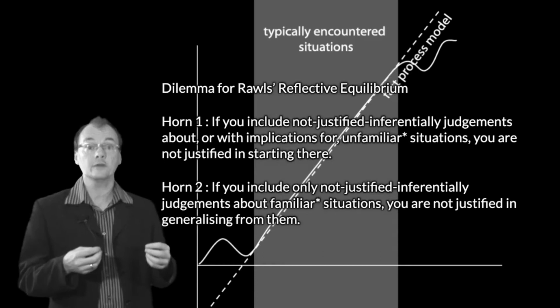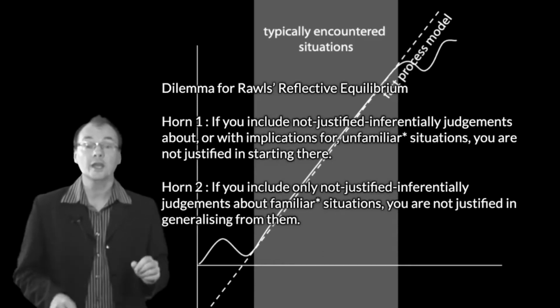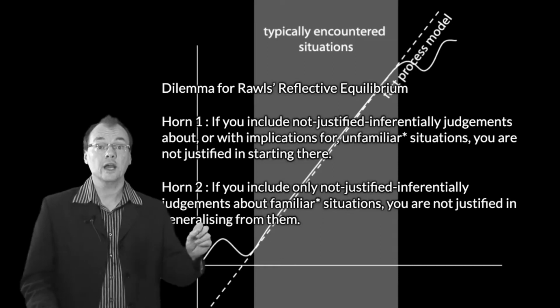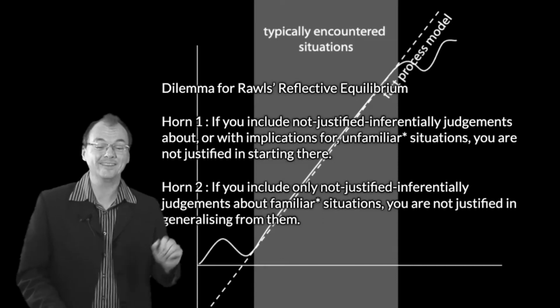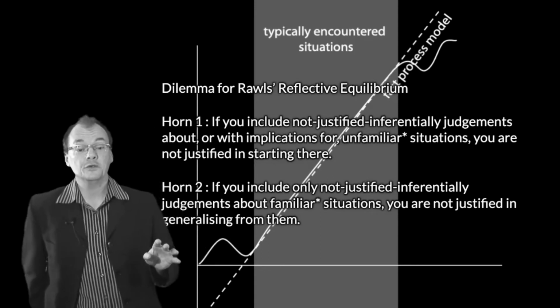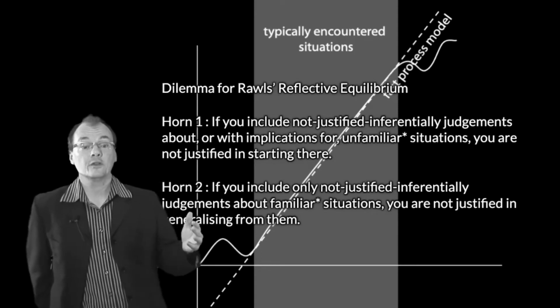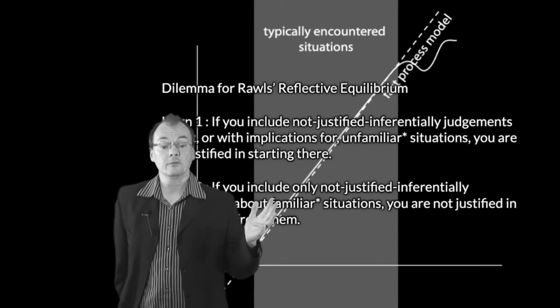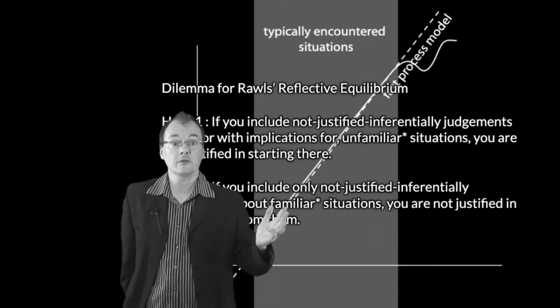This is not a good method for us to use, I should say, if our concern is to arrive at knowledge. Here's the catch. Reflective equilibrium might be a great method to use if we want to do something psychological. So if we want to, for example, characterize the way that these fast processes work, try to work out some of the structure underpinning them.